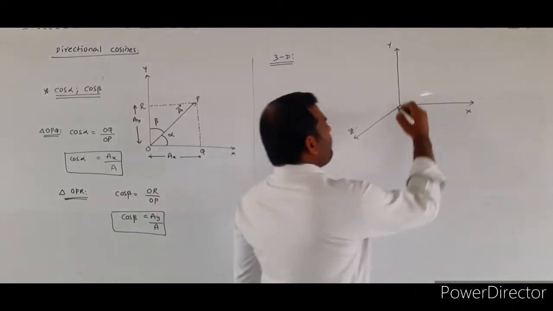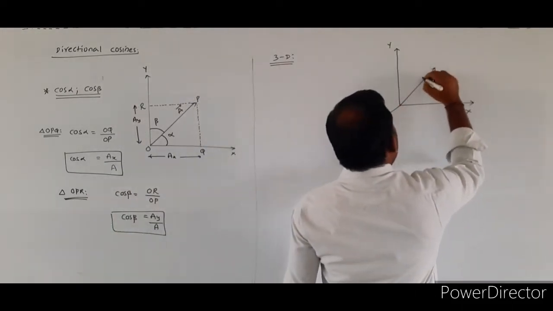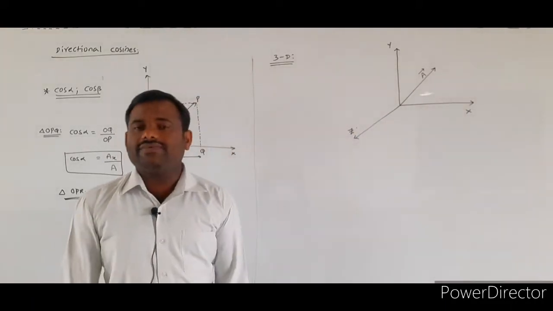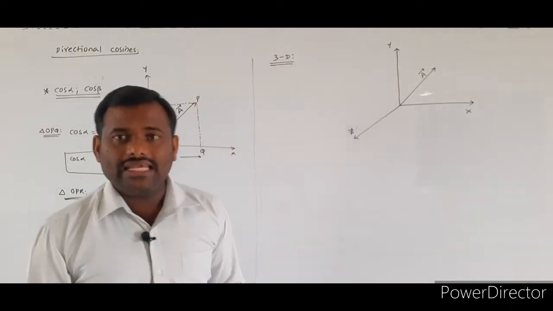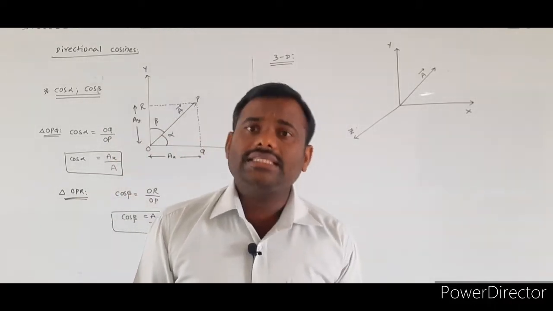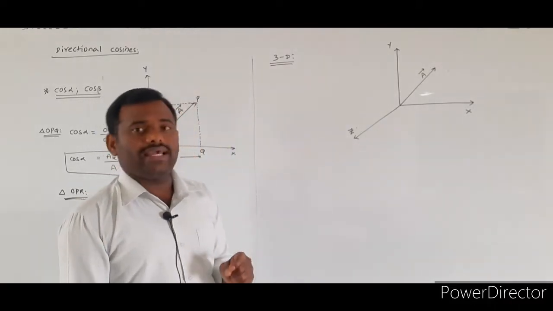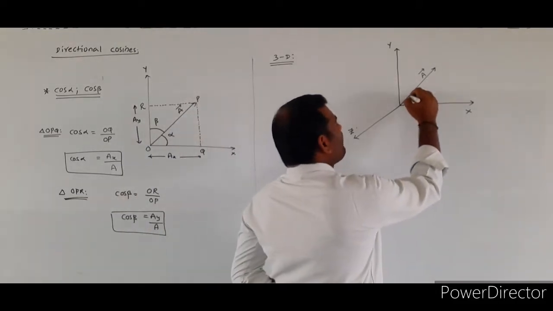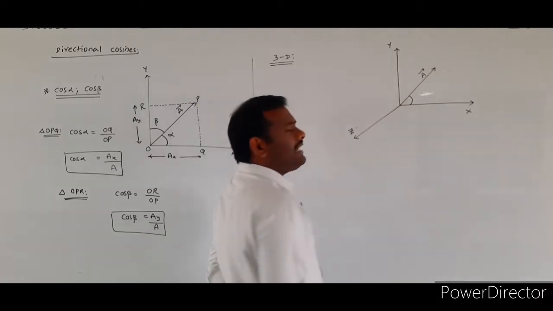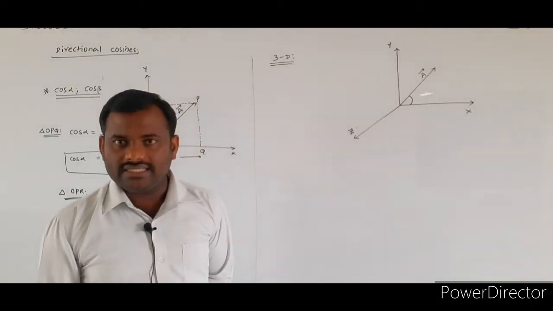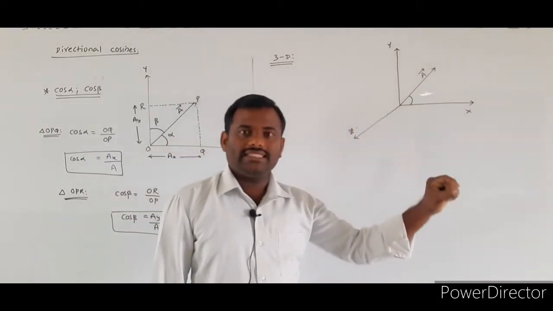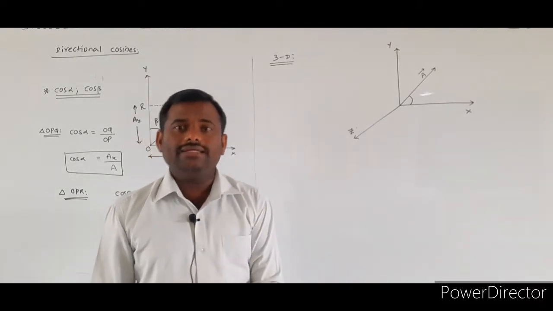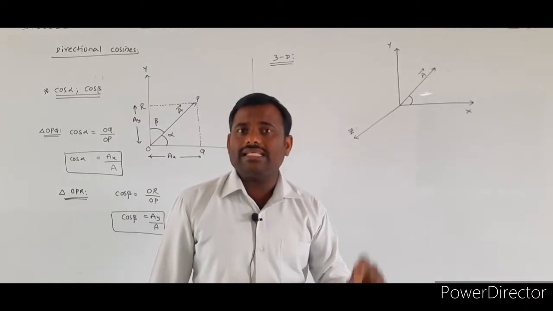Now, if the same vector A bar is again placed in the xyz plane, here also the vector A bar is making certain angles with respect to the respective axes. Whenever a vector is placed in a given plane, it must make certain angles with the axes.